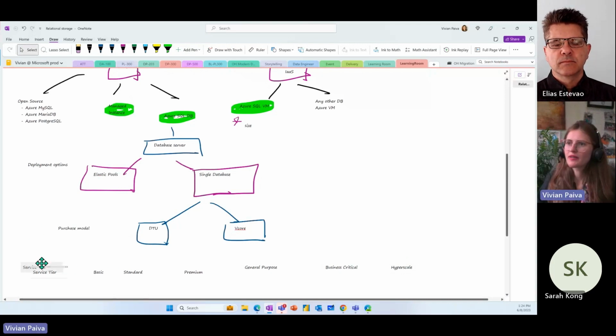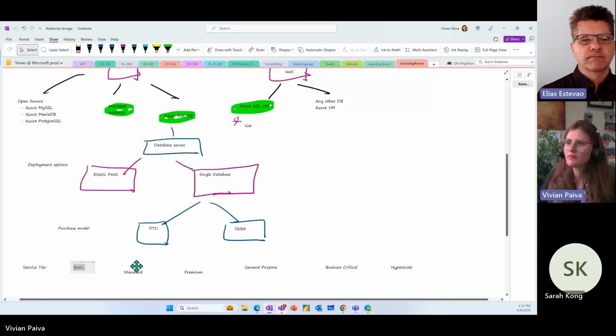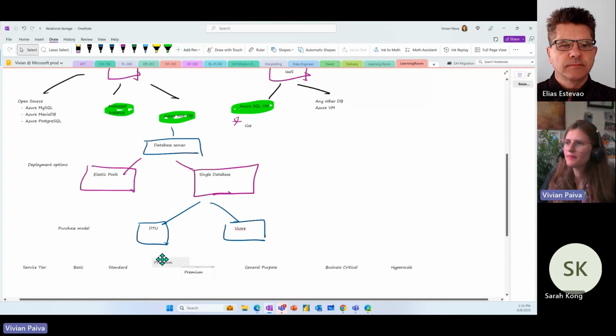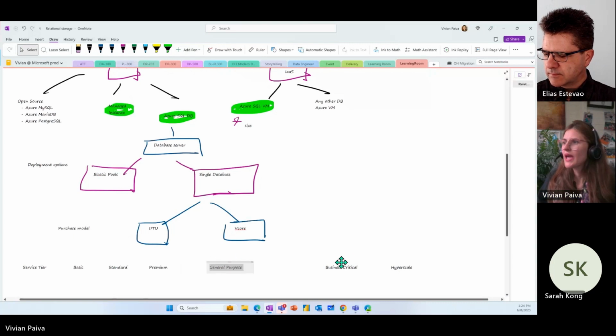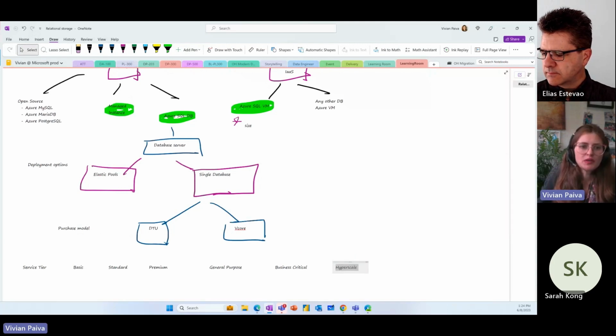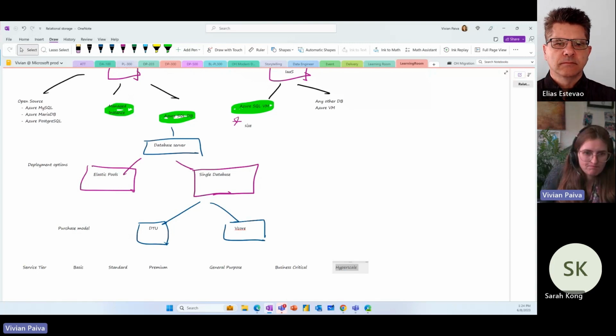So how about it? When we want to deploy a single database, for example, we have to choose if we want to use the DTU purchase model or the vCore. What is the difference?